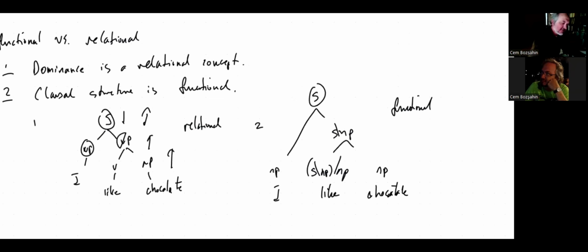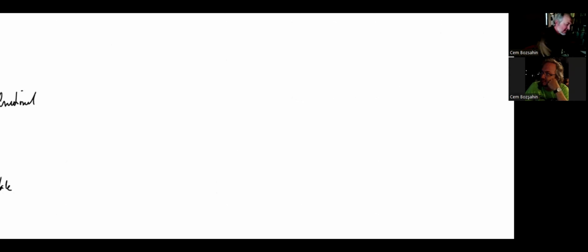And if you do this experiment with embedded clauses, you see the power of having the verb determine the entire clausal structure.